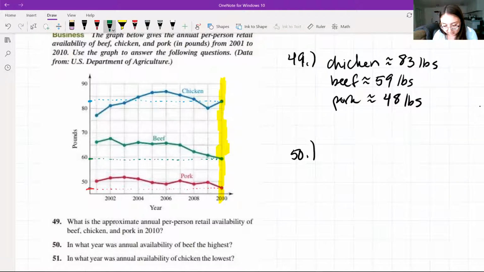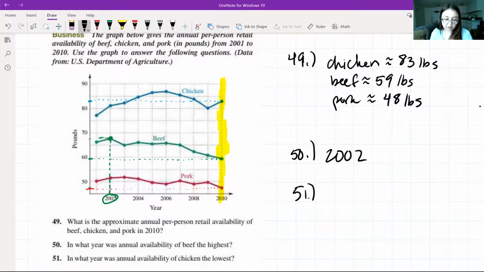So it looks like our highest point here is going to be at 2002. Looks like this is our highest point. So we want to know in what year was our annual availability for beef the highest. We're going to say 2002.